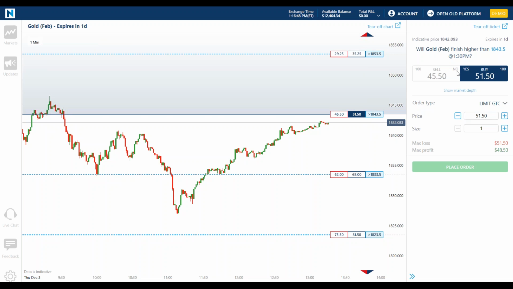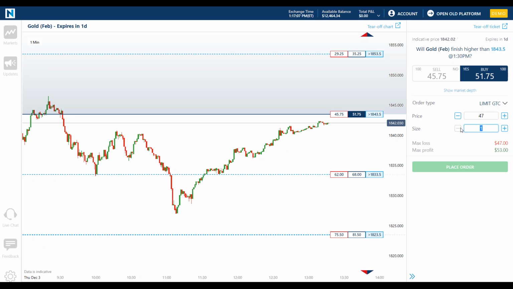We asked earlier, how could I middle the bid-ask? Well, I want to buy. Now I see there's a 51.5 offer, but I don't want to pay 51.5. It's a little bit below there. I want to pay 47. I can put my price in at 47, and in fact, I don't want to buy one, I want to buy two.